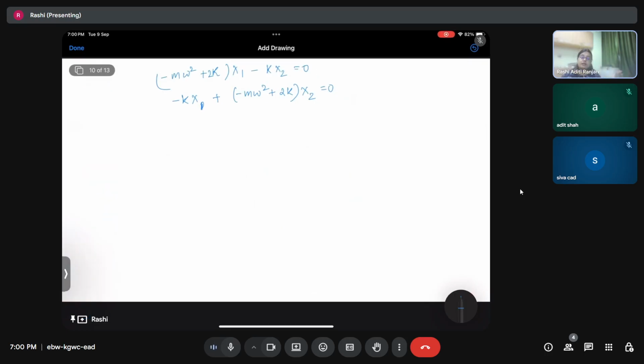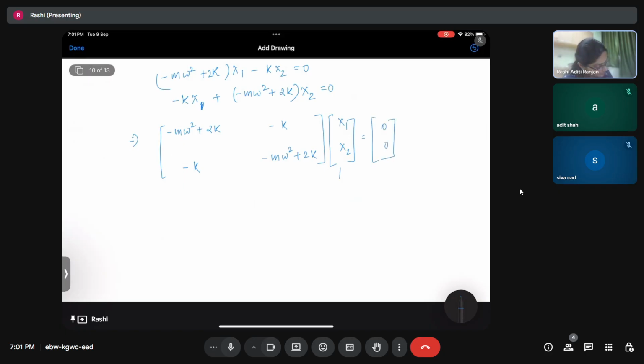Now again, if I write it in matrix form and then find the determinant, what do we get? So basically, we'll have the matrix with (minus m omega square plus 2k), minus k, minus k, (minus m omega square plus 2k), multiplied by X1 X2, equal to 0 0.